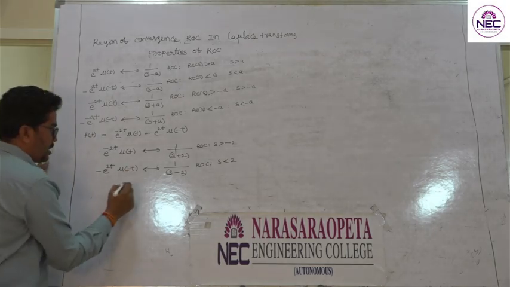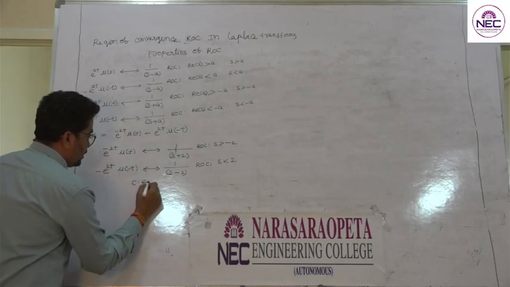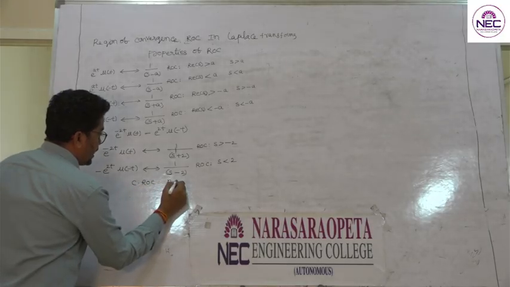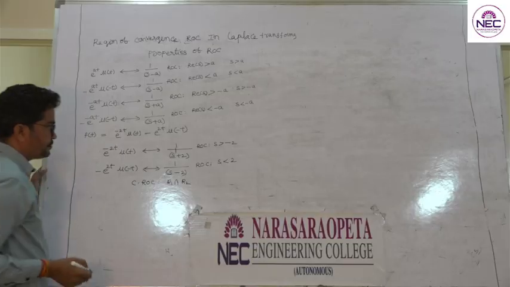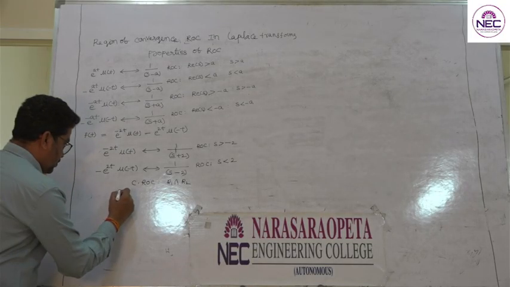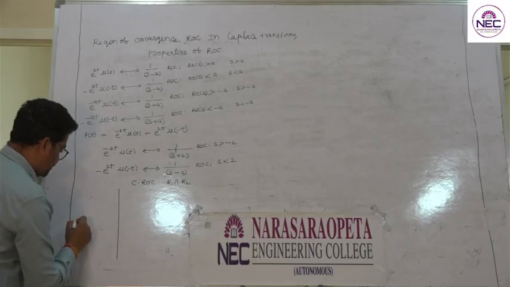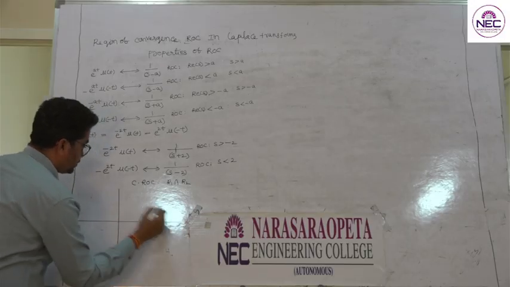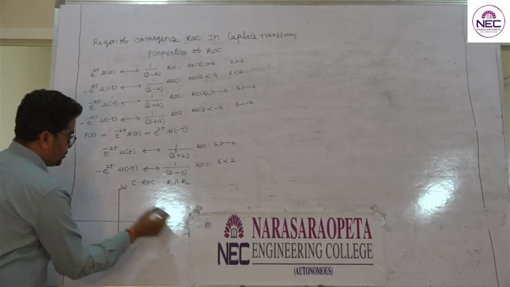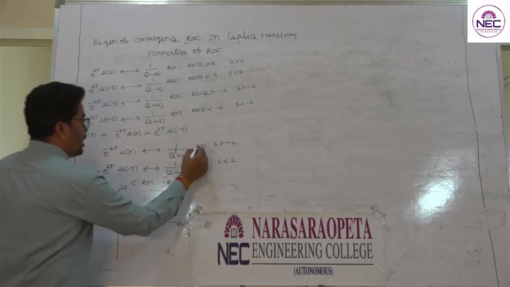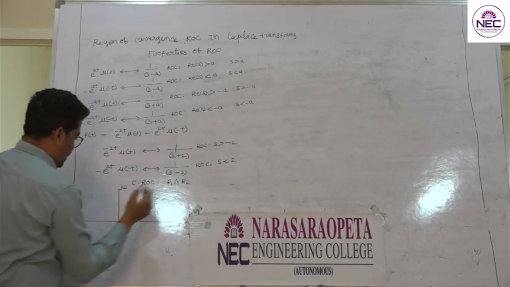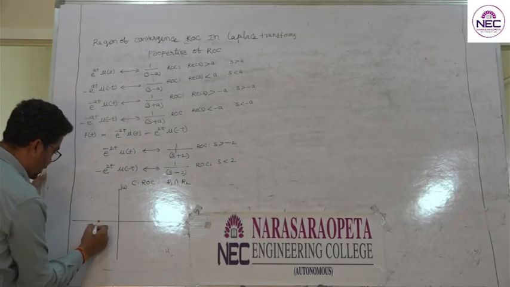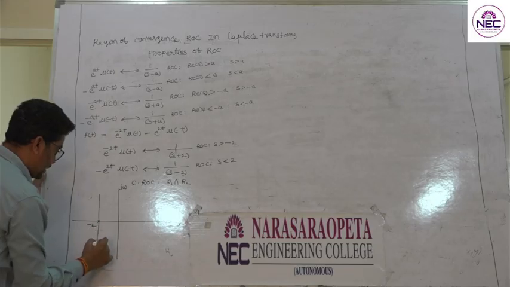Here common ROC: R1 intersection R2. On the s plane, with sigma and j omega axes, ROC first one is s greater than minus 2.